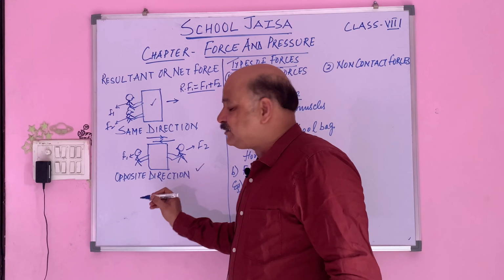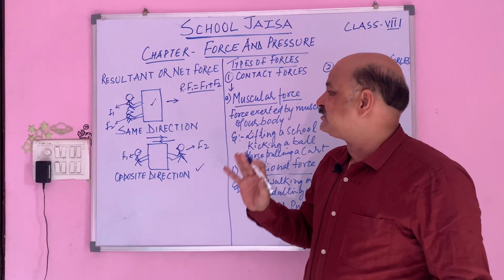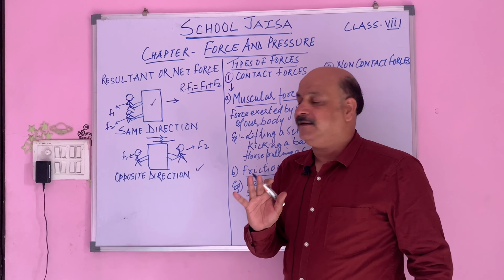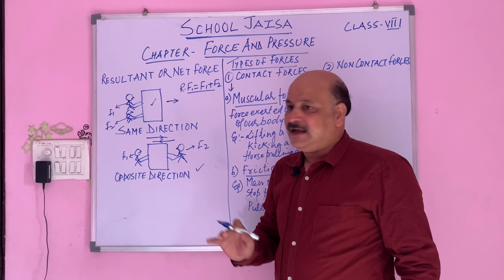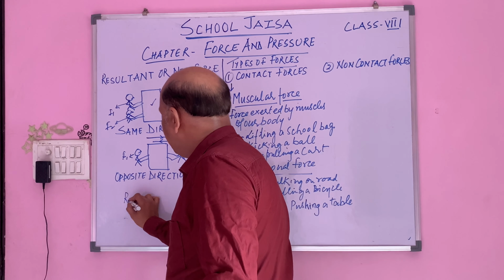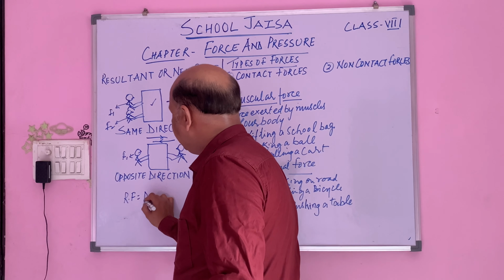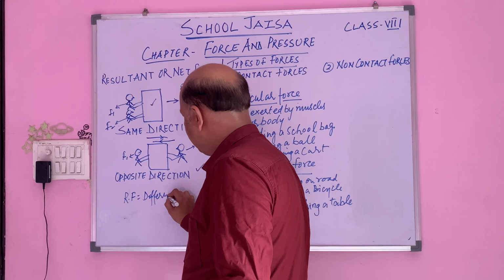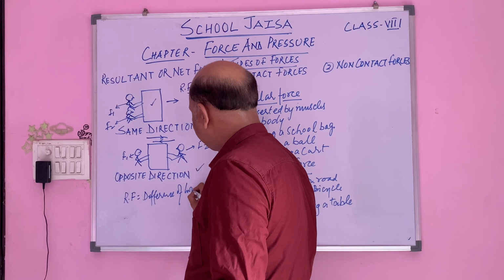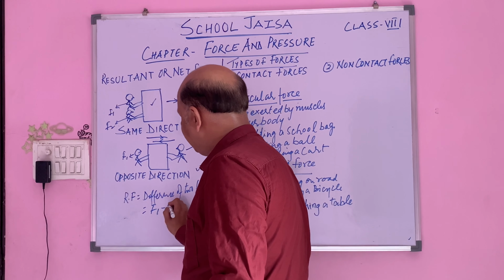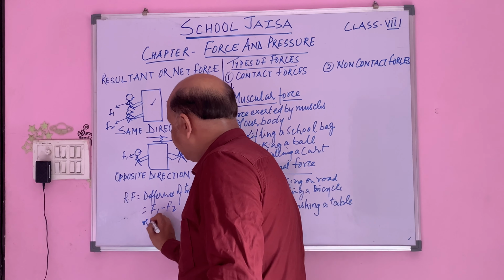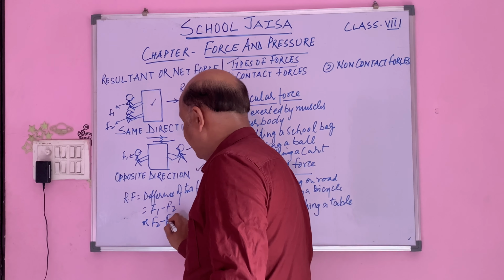Now in this case, whenever two forces are acting in different or opposite directions, the resultant force will be equal to the difference of the two forces. Difference of two forces means F1 minus F2, or it can also be F2 minus F1. Now the question comes, how?